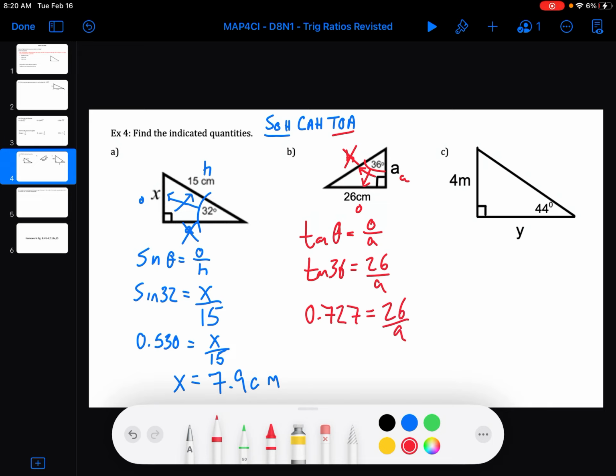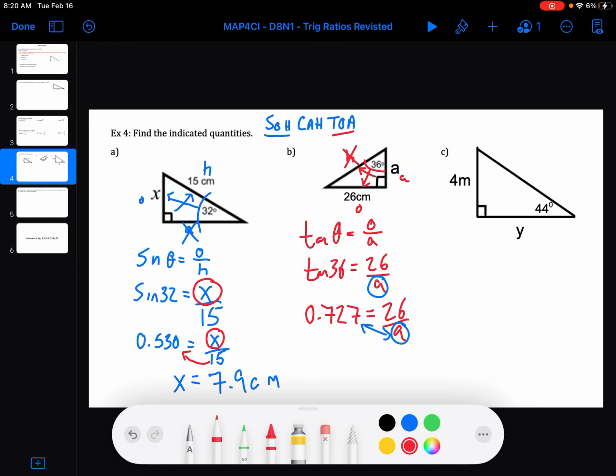Now this one's a little bit harder. What we'd have to do is multiply the A to the other side and then divide. But if you look at the last one, if the variable's on the top, all we do is multiply over. If the variable's on the bottom, we switch the variable with the other side.